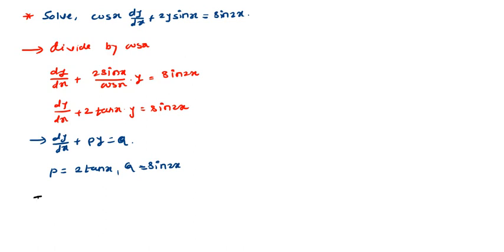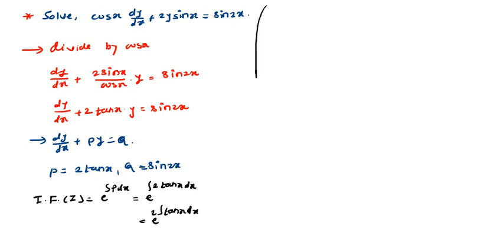The integrating factor I is equal to e to the power integration p dx, which is e to the power integration 2 tan x dx, which is e to the power 2 times integration of tan x dx. Integration of tan x is nothing but log of cos x. So this is again equal to e to the power log of cos x whole square.